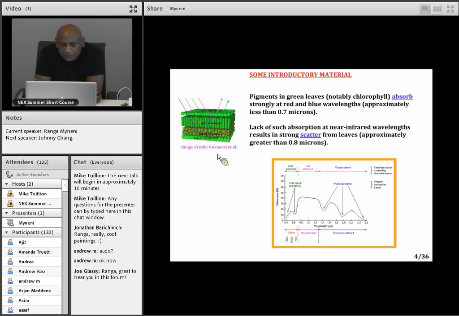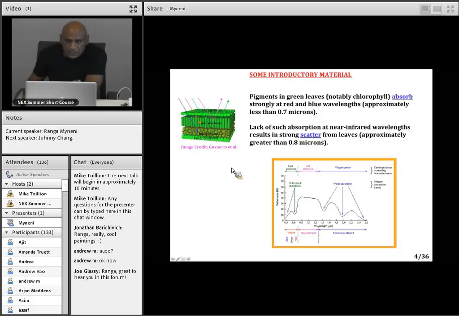And the transmittance spectrum is quite similar to the reflectance spectrum. And so there is considerable absorption at shorter wavelengths by pigments, and there is considerable scattering or non-absorption at near-infrared wavelengths. So that gives that big jump.